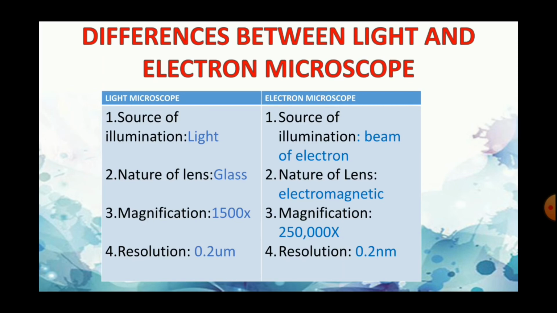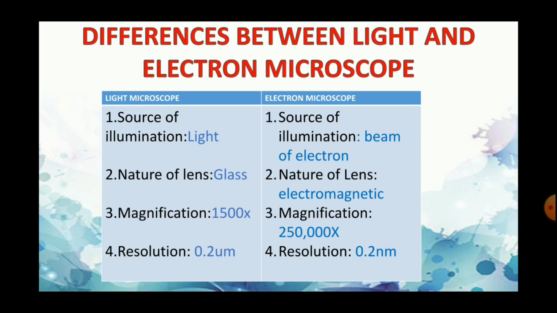The magnification power of light microscope is 1500x and that of electron microscope is 250,000x. The resolution power of light microscope is 0.2 micrometer while that of electron microscope is 0.2 nanometer.